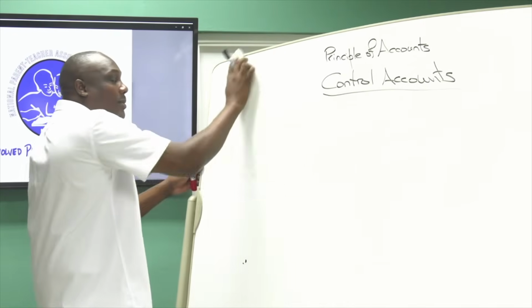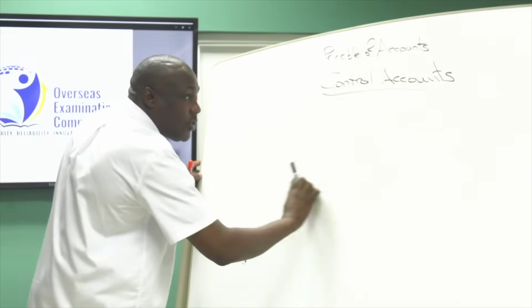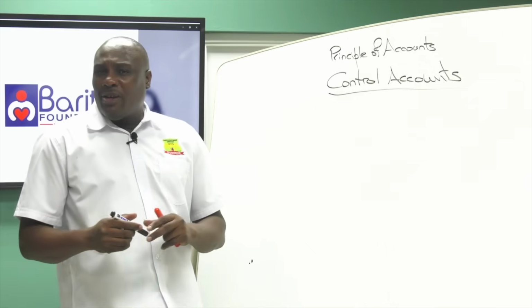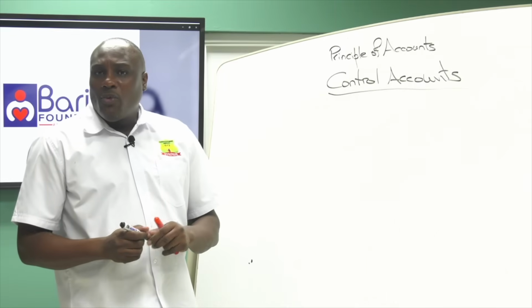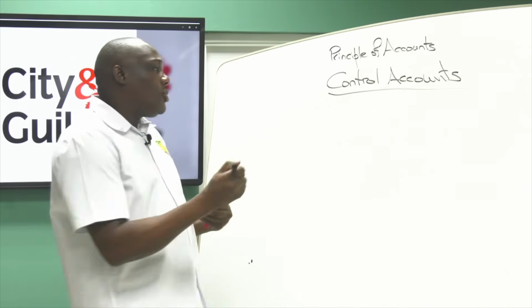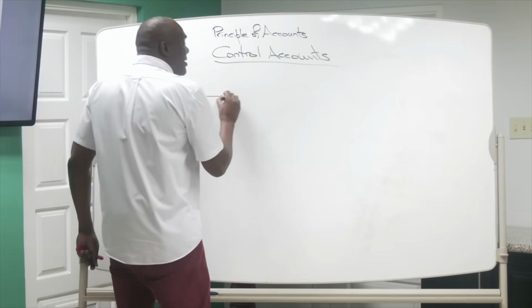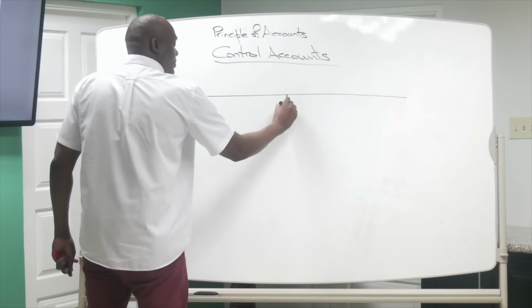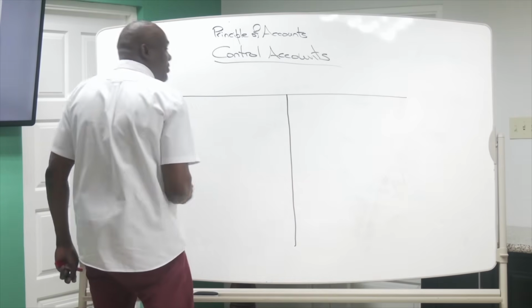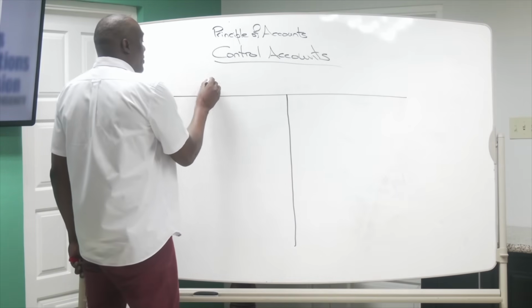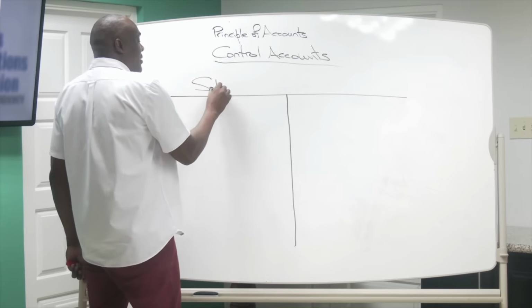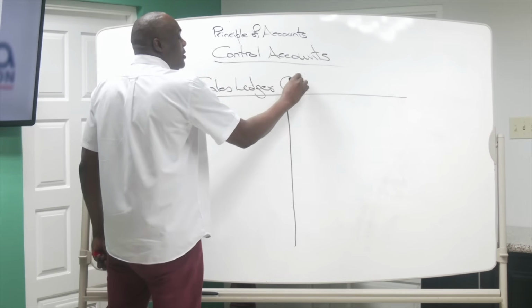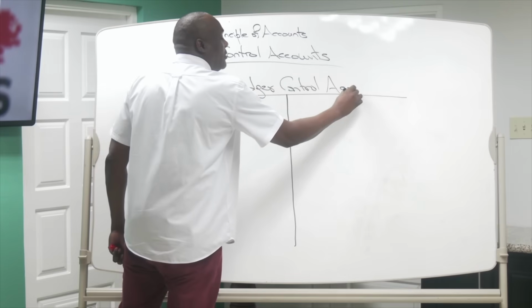I'll be giving you the format, and again, not to SWOT. I'm going to give you the format for me to demonstrate to you so you can get a clearer picture of what is the sales ledger control account. So it's a T account, students, and I have enough space for you to see. So you have your heading, sales ledger control accounts.